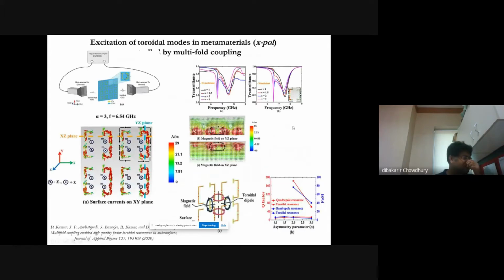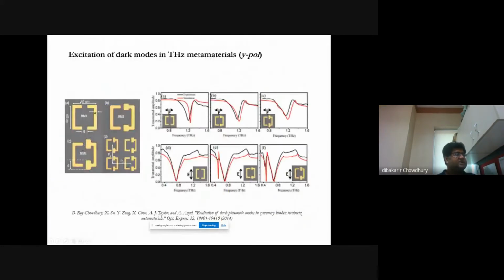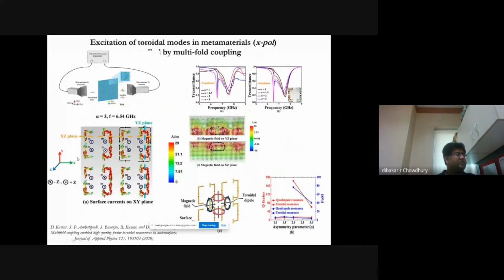For example, in sensing. We also did another thing: in this type of asymmetric case, if we play with the inter-resonator distances, a very sharp resonance appears with a high quality factor. When we explored that further, we observed the nature of the magnetic fields.